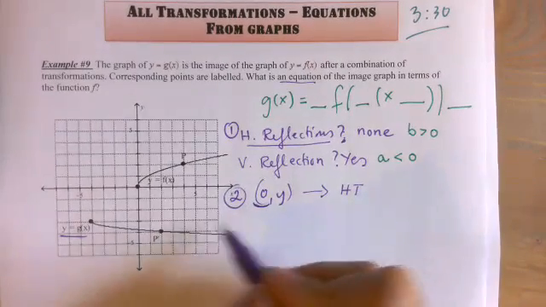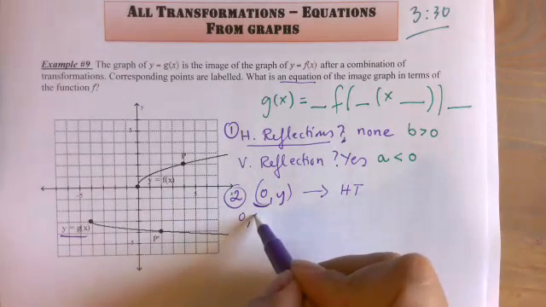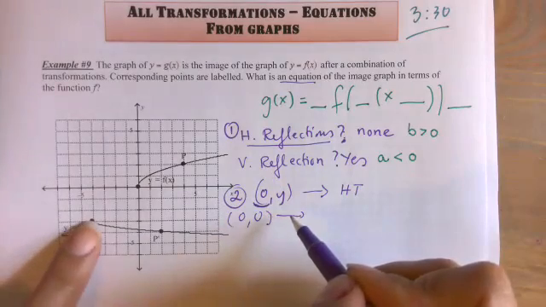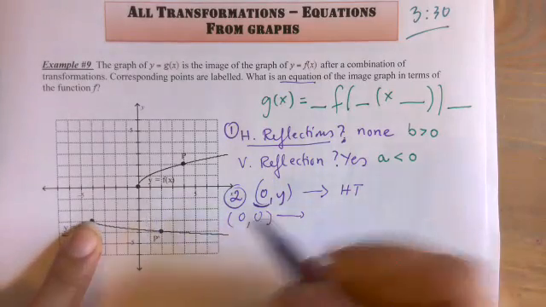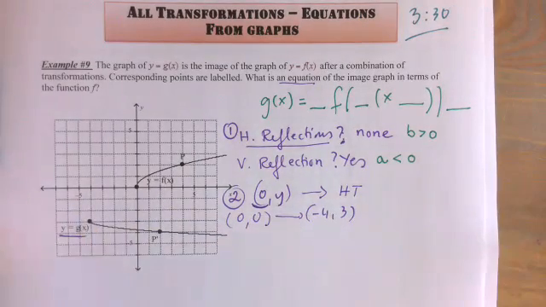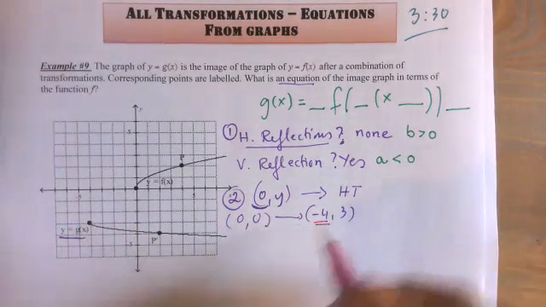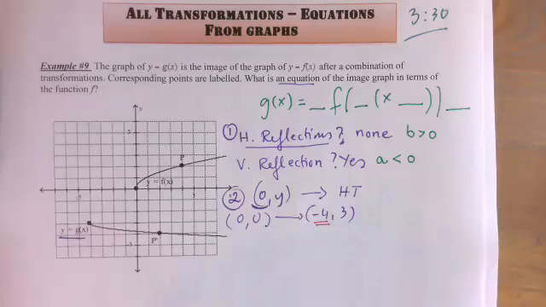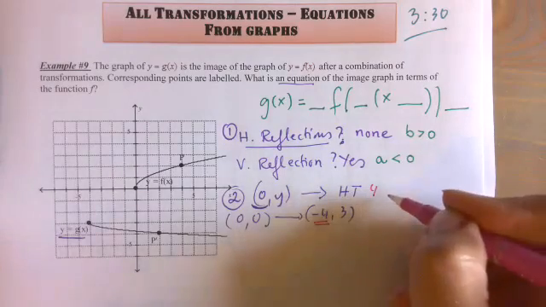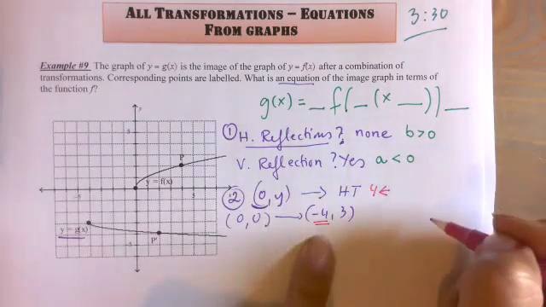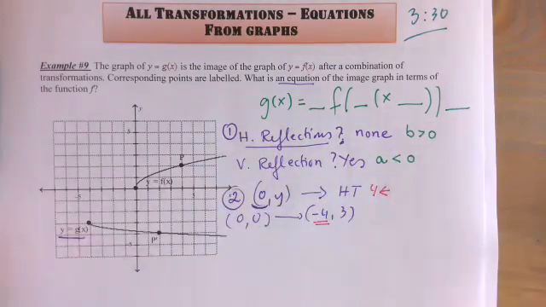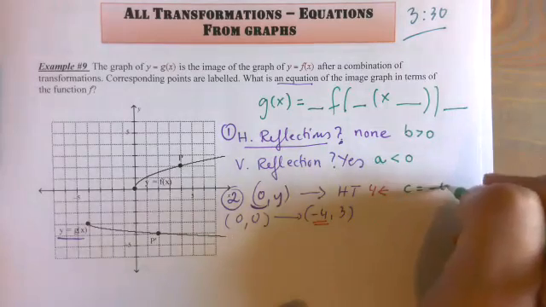Since our original point is 0, 0, and it moved to the point -4, -3, I can see my horizontal translation right here in the change in that x coordinate. So the horizontal translation was 4 units to the left, which tells me my c parameter is -4.